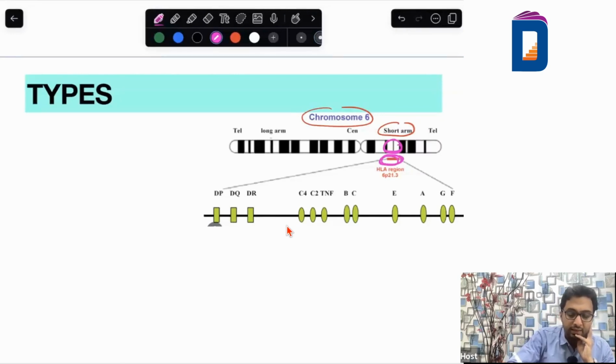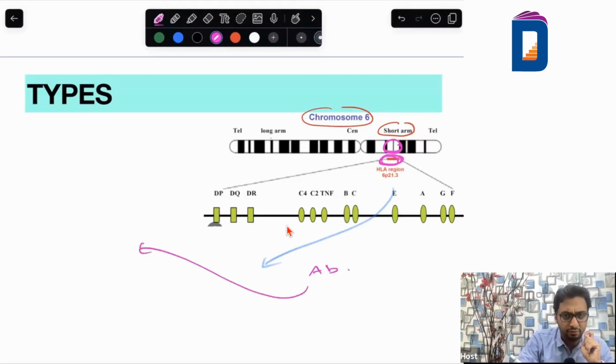People with this HLA, HLA-DR3 and DR4, have a genetic susceptibility, please understand this, where antibodies are produced against the beta cells of the pancreas.